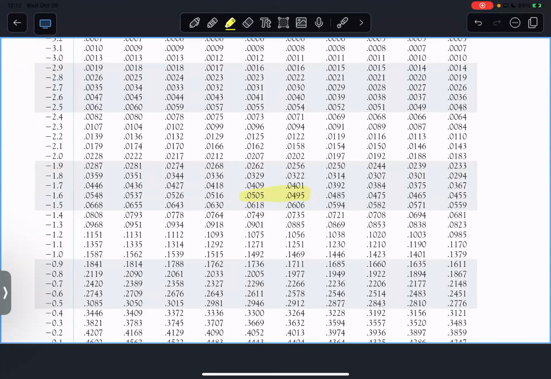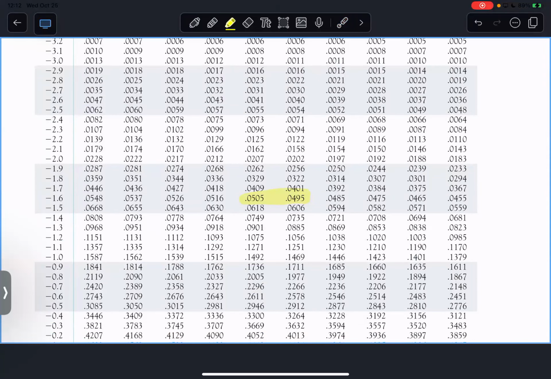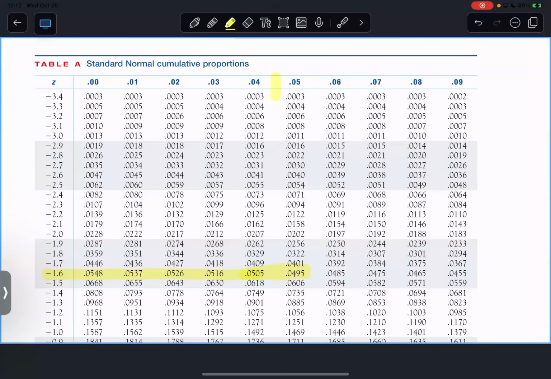Looks like it's even. So I just choose one or some value in the middle. That's sneaky. But what does this map back to? It maps back to negative 1.6 and then somewhere here, right? That never happens where we've got an even distance on either side. And so I'm going to use 1.645 because I'll give you a cheater way to find it. Do you want the cheater way now? Maybe. It involves a new table.